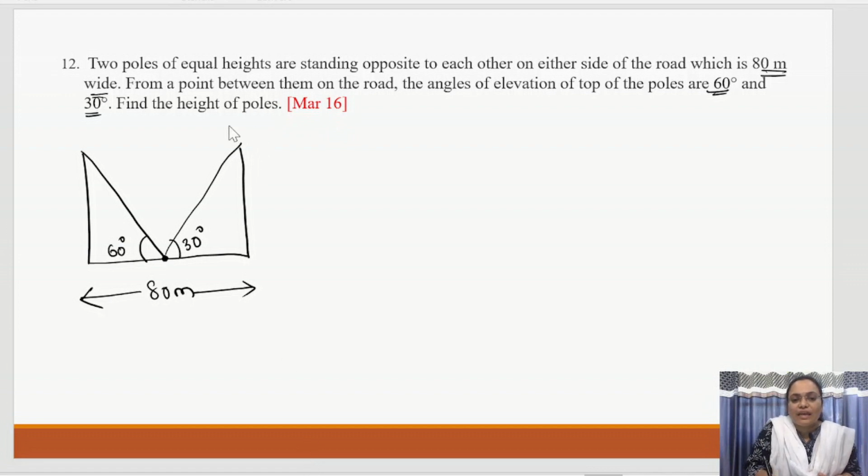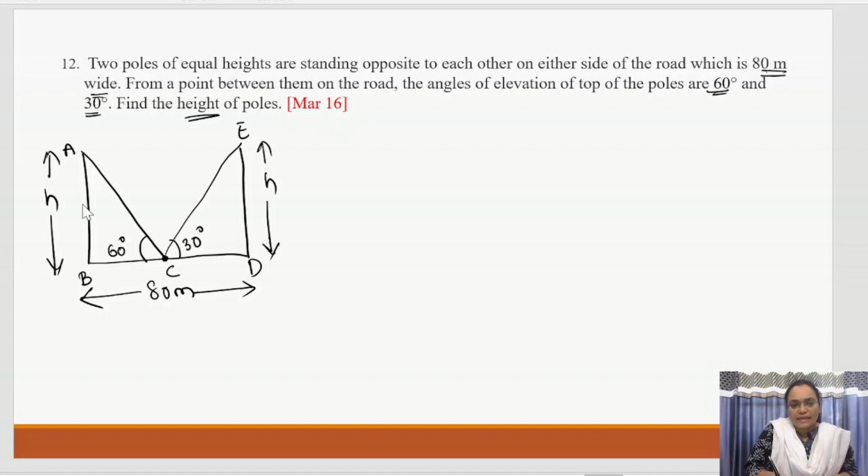So we need to find the height of the poles. Let us take the triangle ABC. In triangle ABC, according to this angle, this is the perpendicular and this is the base.